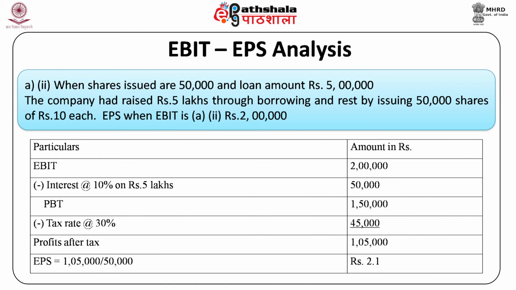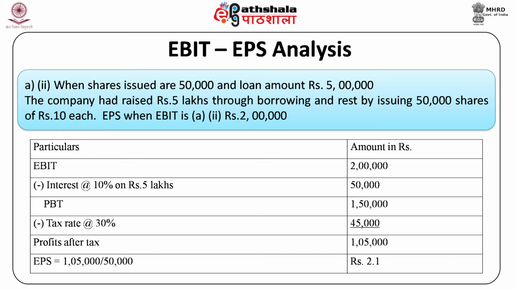A2. When shares issued are 50,000 and loan amount is 5 lakhs. The company had raised 5 lakhs through borrowing and rest by issuing 50,000 shares of rupees 10 each.